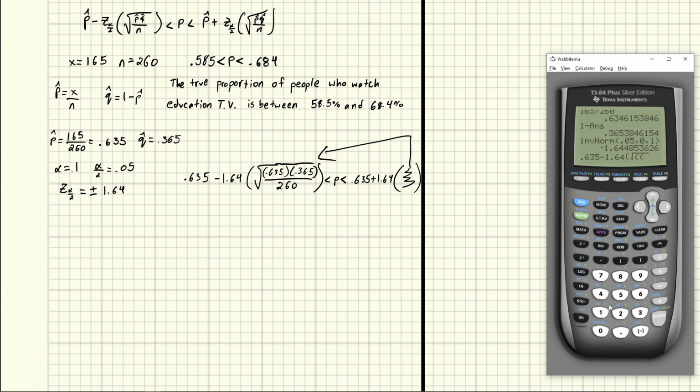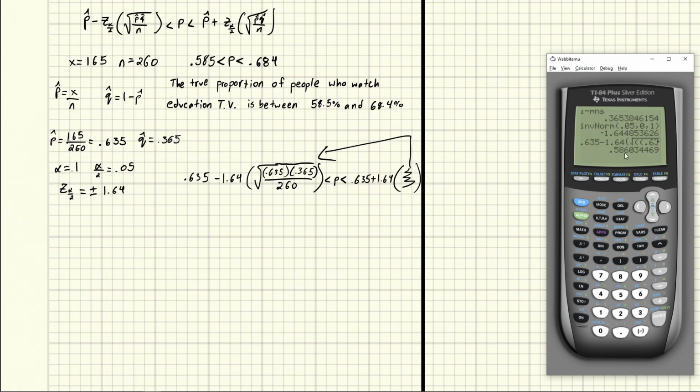This just ensures that this is done individually in the calculator. 0.635, close parentheses, open parentheses, 0.365, close parentheses. Now we close the big parentheses. So this just makes sure it's done in the correct order. And then divided by 260. And that's it. So we hit enter.